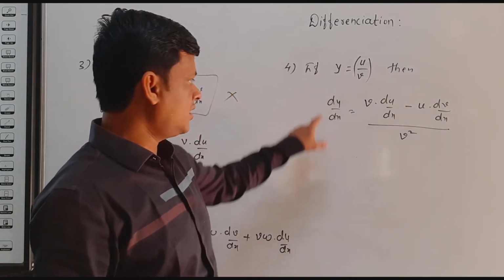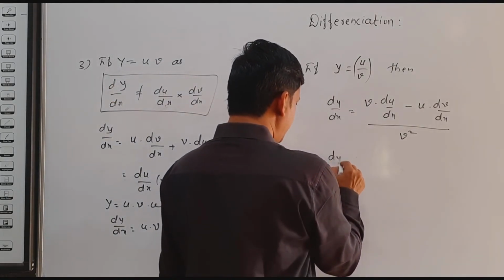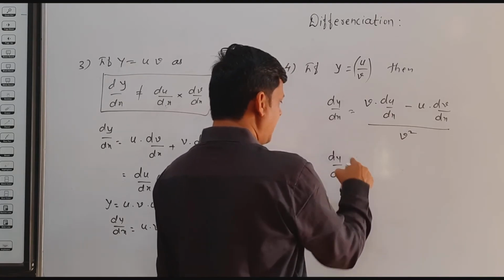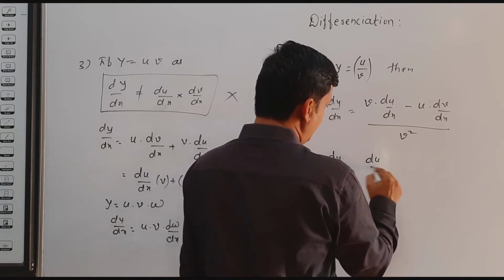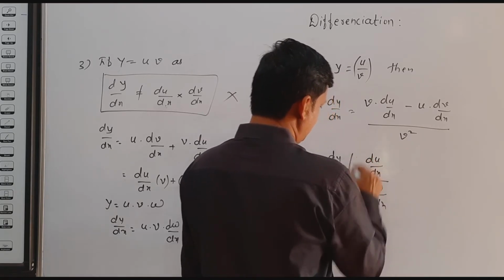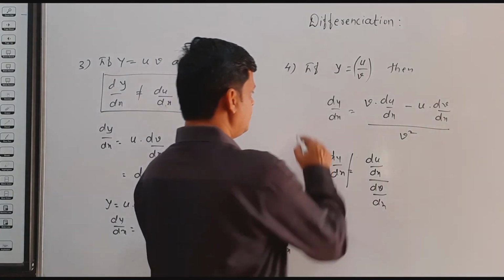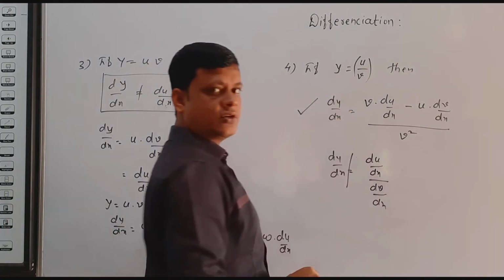So you have to use this rule, that is the quotient rule. So don't write the derivative of y as dy by dx is equal to du by dx upon dv by dx. This is wrong.